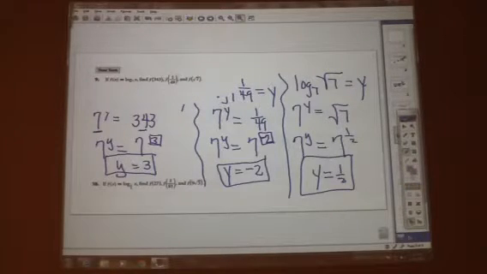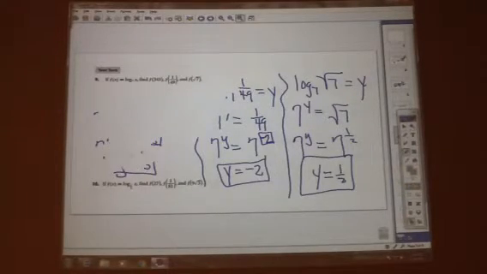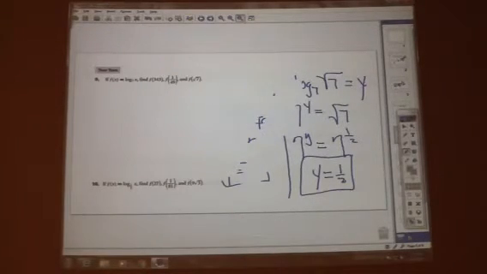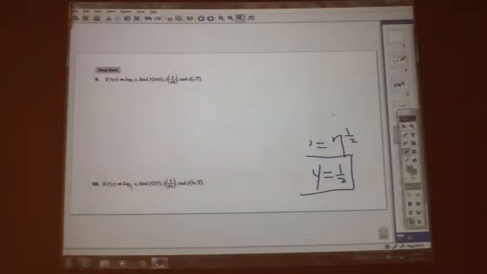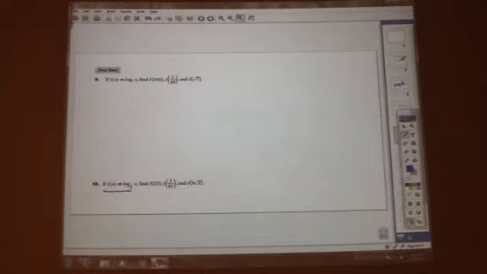All right, let's do number 10. I'll erase this so I'll have room. All right, 10, the very first one. We're doing log base 1/3 of x, and we're doing f of 27. So we're doing this problem right here. The log base 1/3 of 27 equals y.